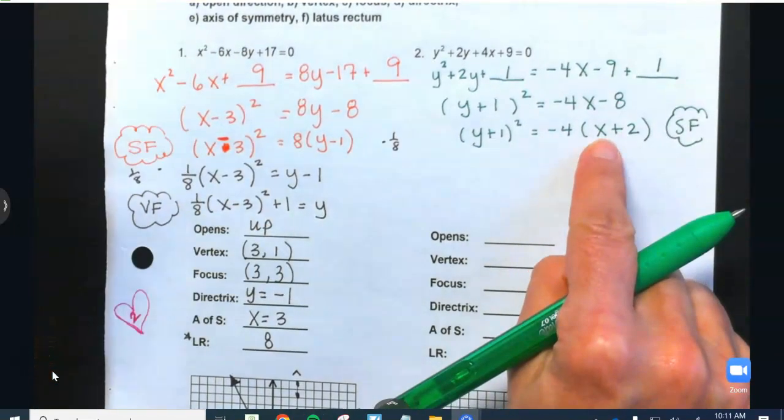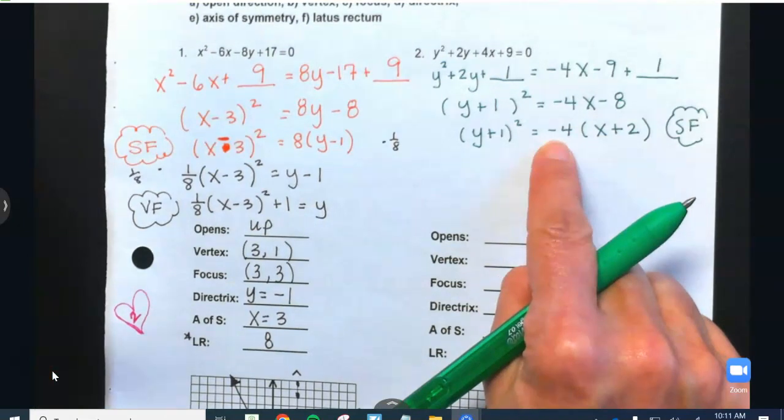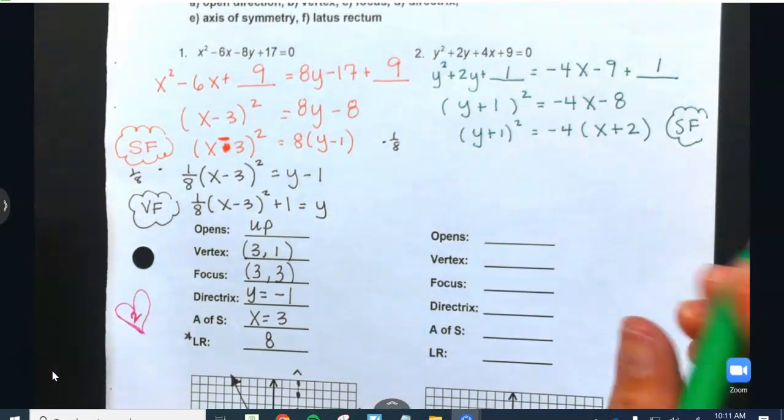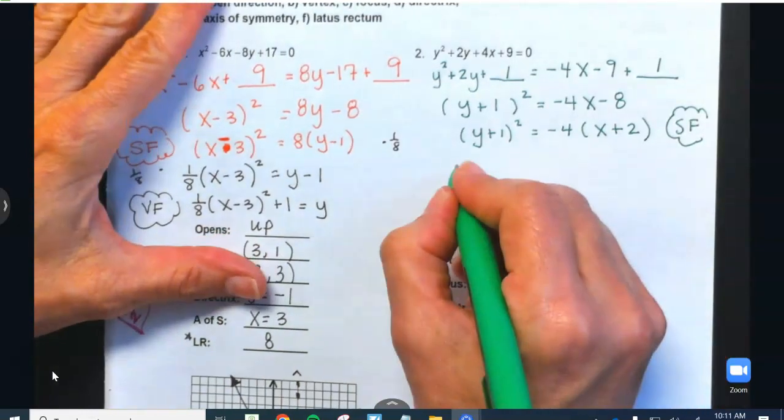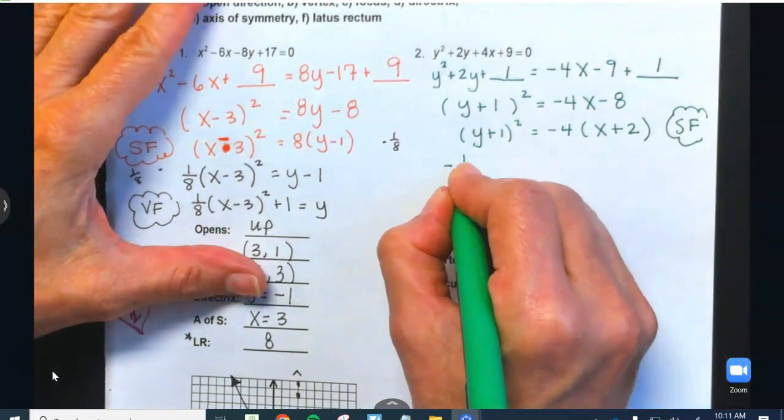All right, so remember, x is in parentheses. It's got this negative 4 by it. What are we going to multiply both sides of the equation by? Yes, good job on keeping the sign. Yes, multiply both sides by negative 1/4.